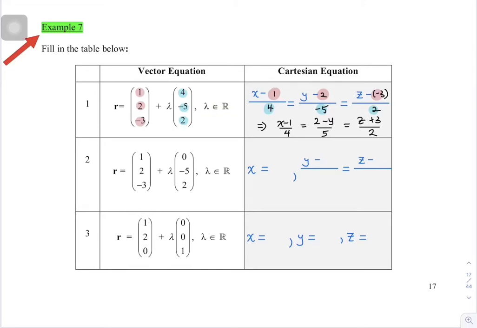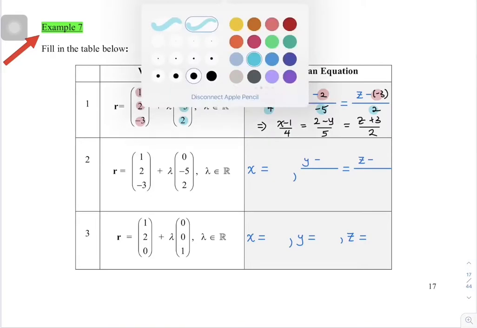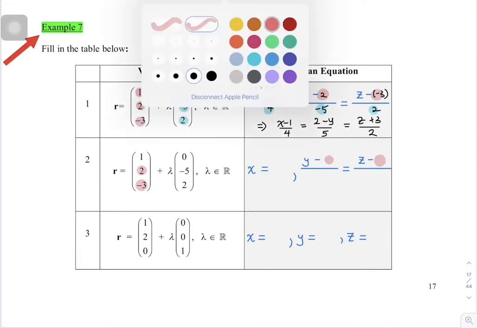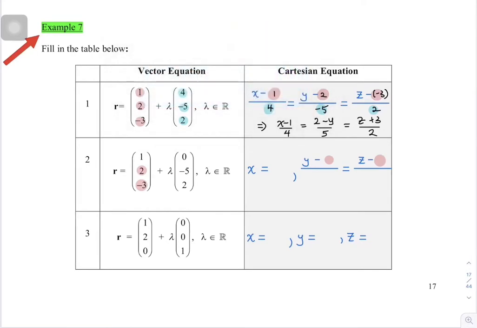For the next question, question 2, for the component 2 and negative 3, we're going to put it here. For the component negative 5 and 2, we're going to put it here.